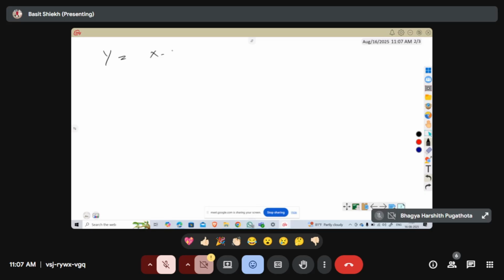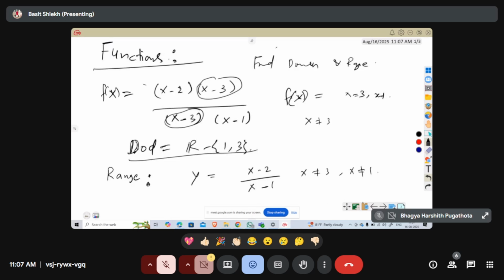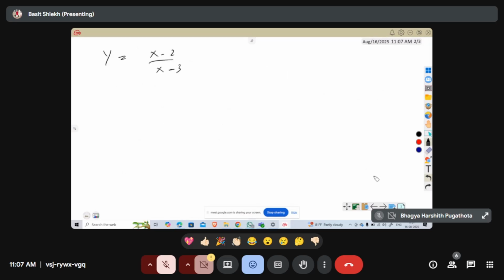y equal to x minus 2 divided by x minus 1. Now I will multiply this here: yx minus y equals x minus 2.